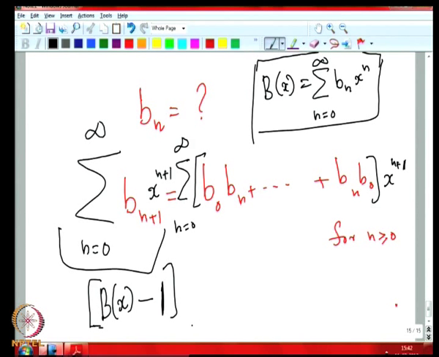So, b of x minus 1 is equal to sigma b0 bn into x raised to n plus 1. What we do is, we will pull out x first.